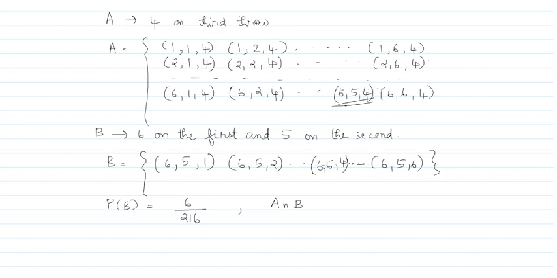So the element which favors the occurrence of both A and B is 654. So what is P of A intersection B? It's just one element out of the 216 which favors occurrence of both A and B, isn't it?